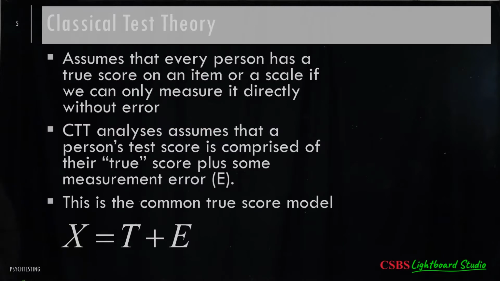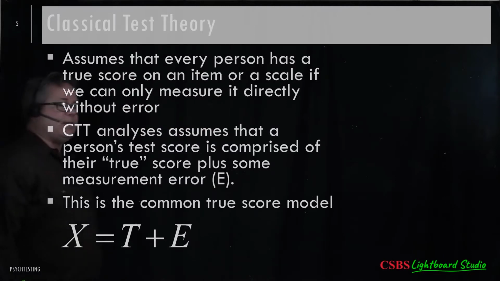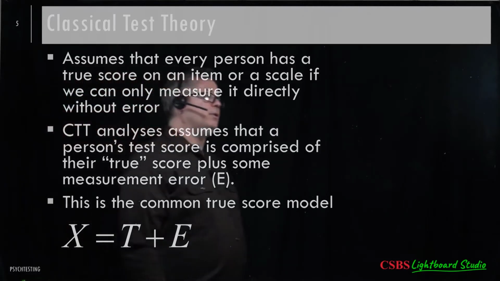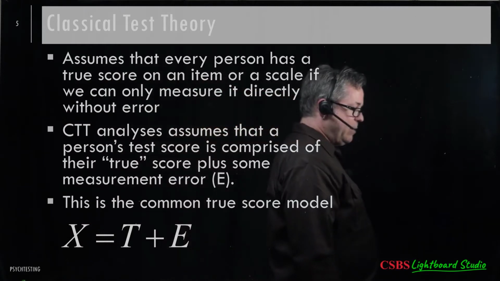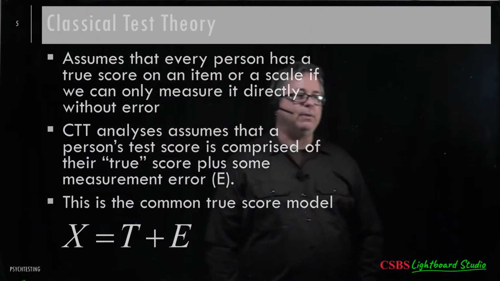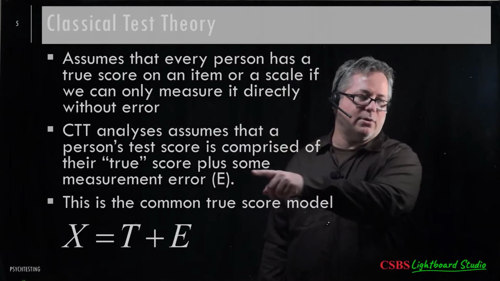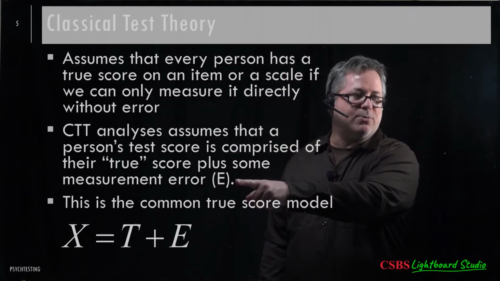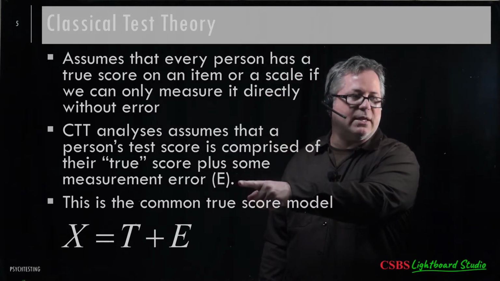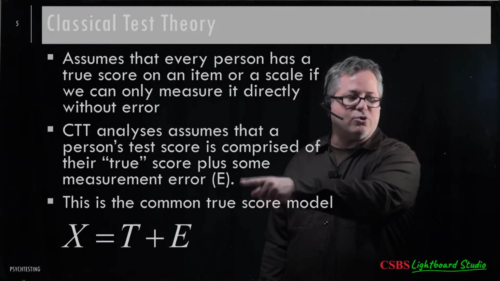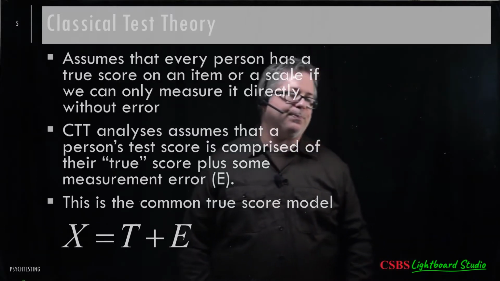The problem is, the scale itself is not going to be perfect. You're going to be measuring the true score that person has, plus or minus some variability, which is usually called measurement error. There's going to be some measurement error involved in measuring that thing that's going to either add or subtract from the person's true score. So that's it.